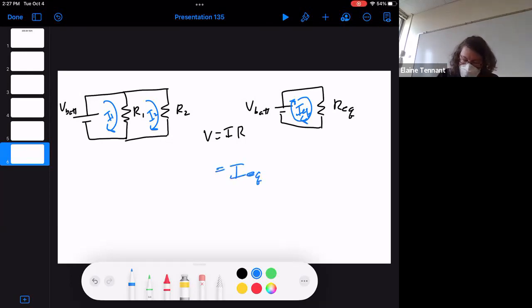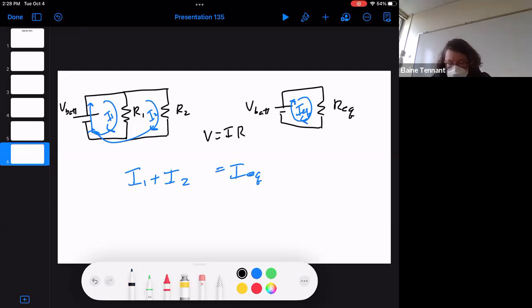For this to be equivalent, the current through this battery needs to be the same equivalent current. And since I can't create or destroy current, whatever goes through I1 plus whatever goes through I2, that'll be what goes through the battery. So I1 plus I2 is whatever is going to go through the battery. Okay, so there's my currents.